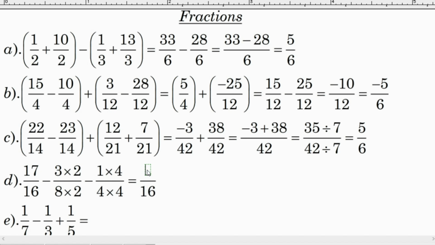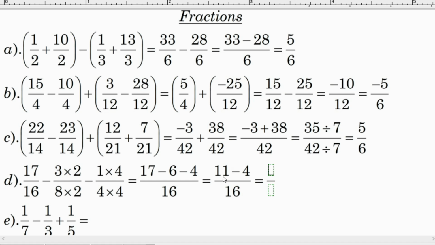And then I take 17, and then here is minus 3 multiplied by 2 equal to 6, minus 6, and then minus 1 multiplied by 4, 4. So then equal, here is 17 minus 6 equal to 11 minus 4 divided by 16.